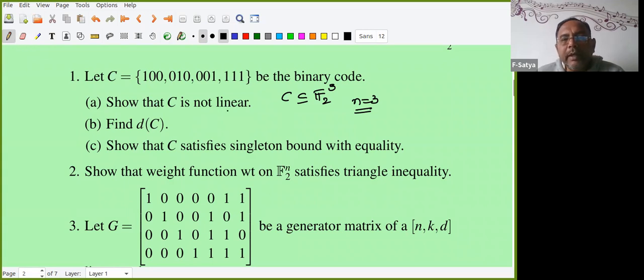What do you mean by linear, Mehak? When we say that a code is a linear code, tell me first, what do you mean by a linear code? Any one of you?